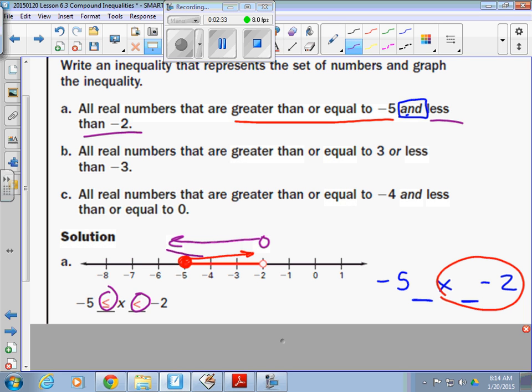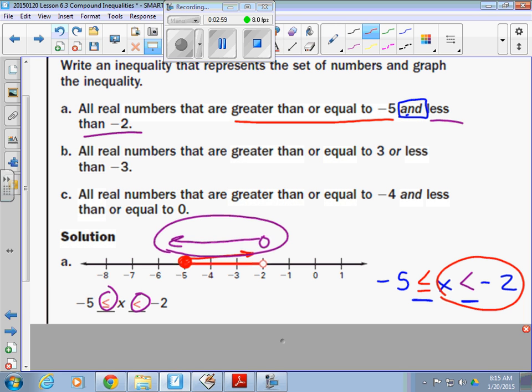It's graphed going this direction. So when you draw your symbol, it's going to go that direction. Now, you know it's an open bubble because it's not or equal to. When you make your other symbol, it cannot go opposite the one that you just drew. It's going to go the same direction this way. And since it's a colored in bubble, it's going to be or equal to.